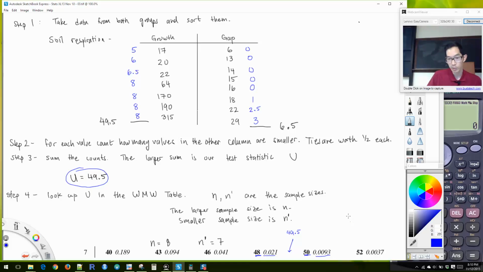So the corresponding p-value is between 0.0093 and 0.021. And it's going to be closer to 0.0093 than it is to 0.021, but that doesn't really matter.